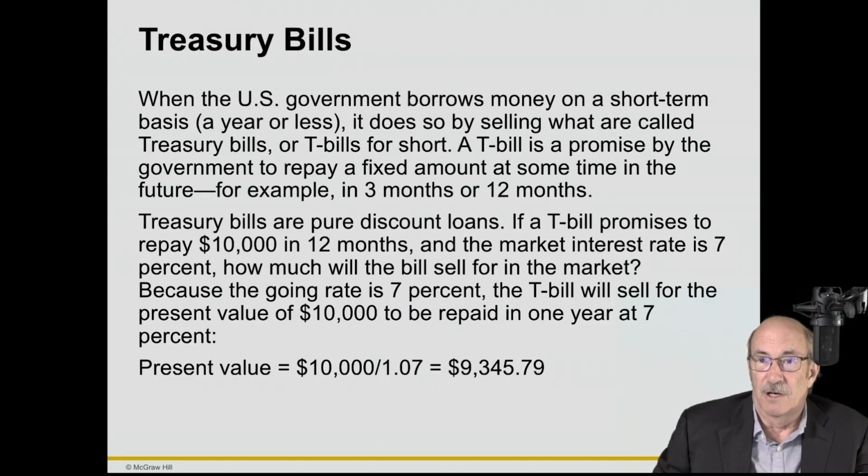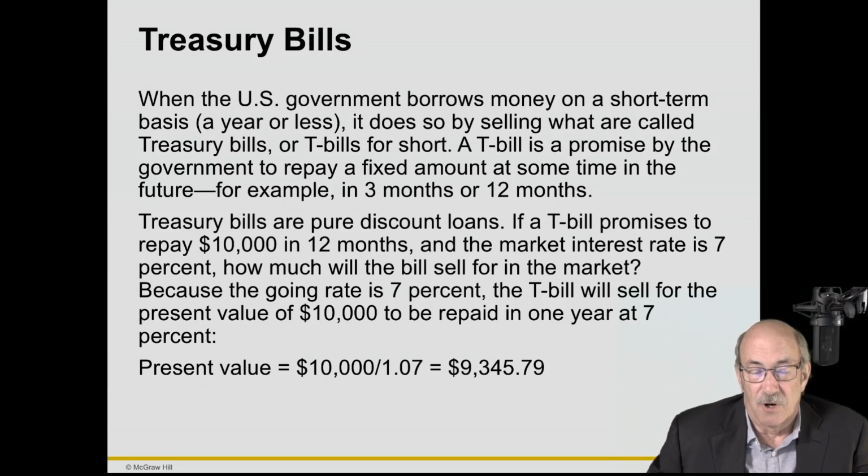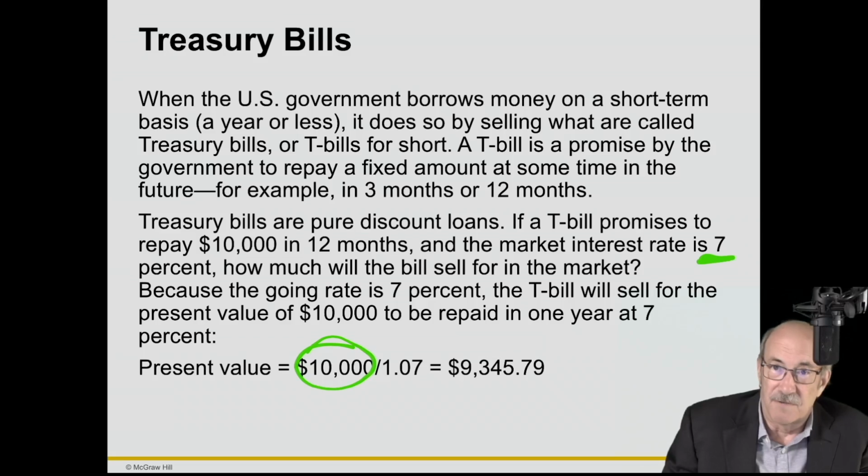Treasury bills are a great example of discount instruments. All Treasury bills are discount instruments, and that means that they are sold at a discount to the face. So if, for example, it's a 12-month T-bill with a rate of 7% on it, then we're simply taking the 10,000, which is the face on it, divided by 1.07.